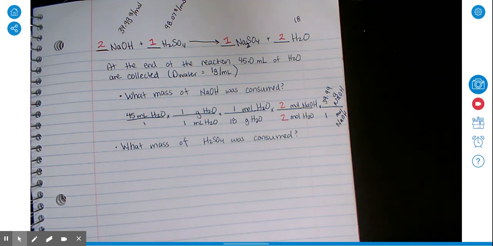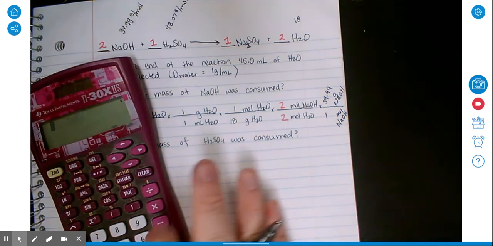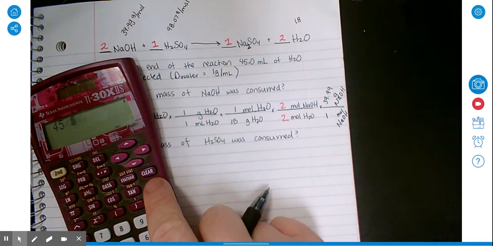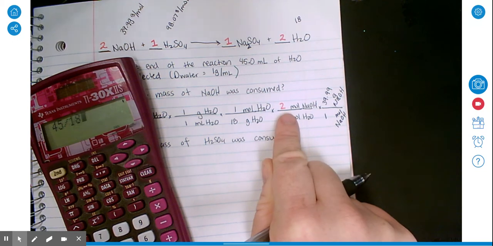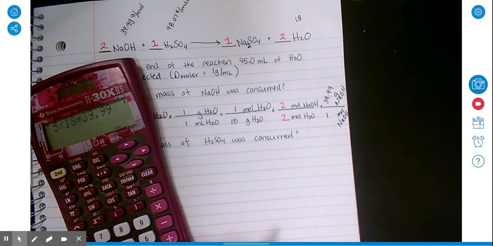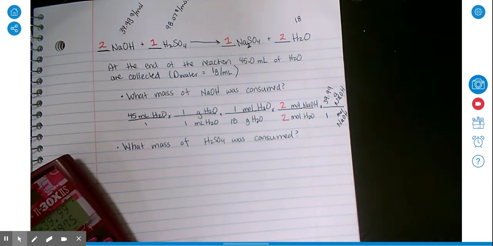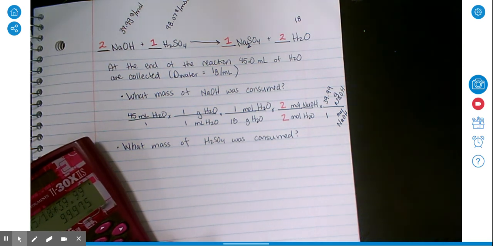Sorry, I ran out of room. Good lesson. As these problems get longer, probably need to use the whole page. 45 times 1 divide 1, divide by 18, times 2 divide 2, times 39.99.